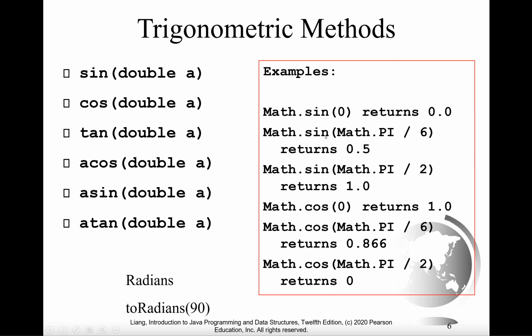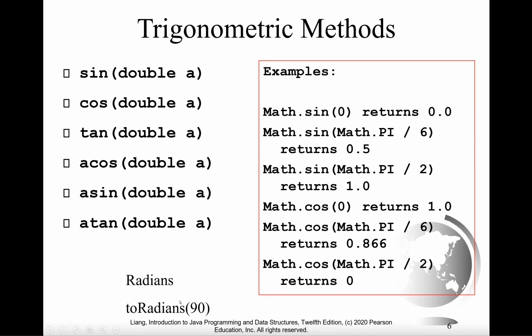And now Math.sin of Math.PI divided by 6. Here is radians. This value corresponds to the angle of 30 degrees. So this returns 0.5.